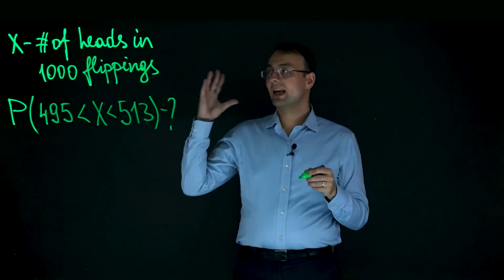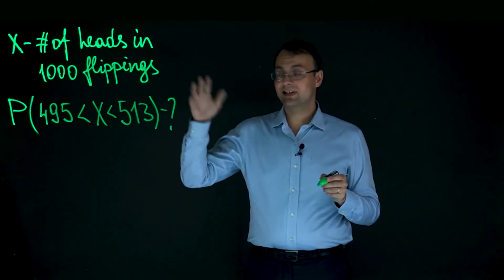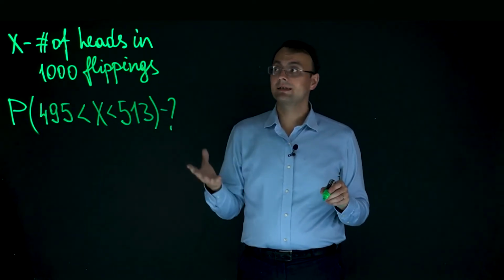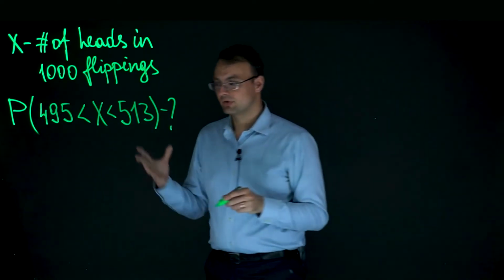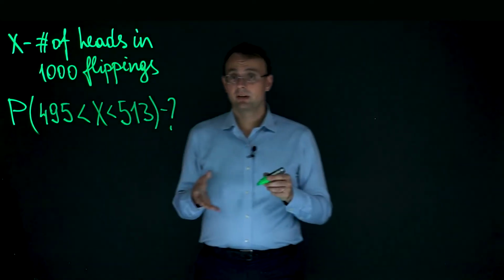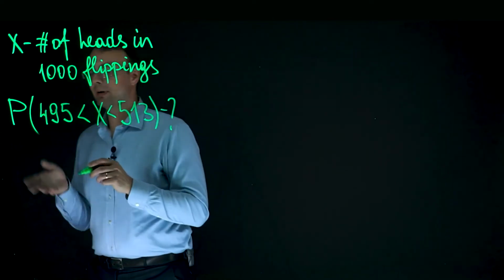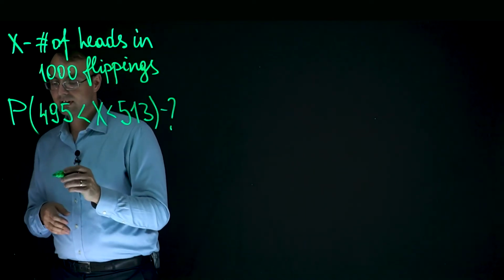So we see that x is a number of successes in a series of 1000 Bernoulli trials, so x has binomial distribution. If we deal with the number of successes in a series of Bernoulli trials, we deal with a binomially distributed random variable.